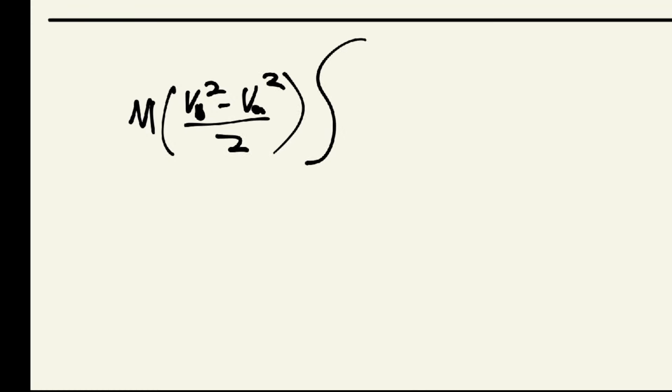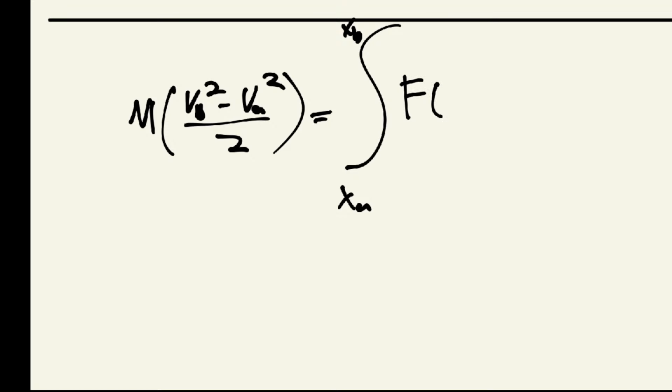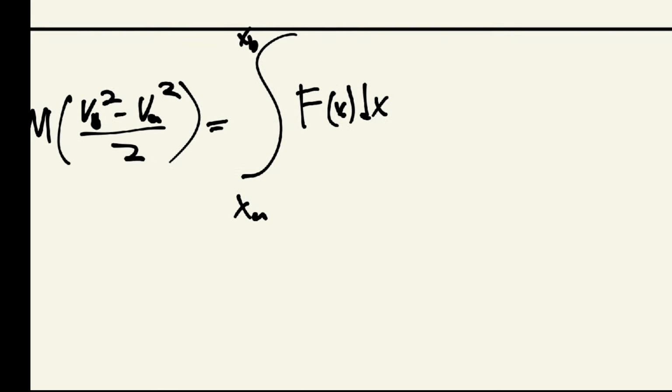Well, we had this idea proved earlier that m times vb squared minus va squared over 2 equals the integral from xa to xb of f of x times dx. Now, if we consider this for gravity, f of x times dx becomes simply mg.